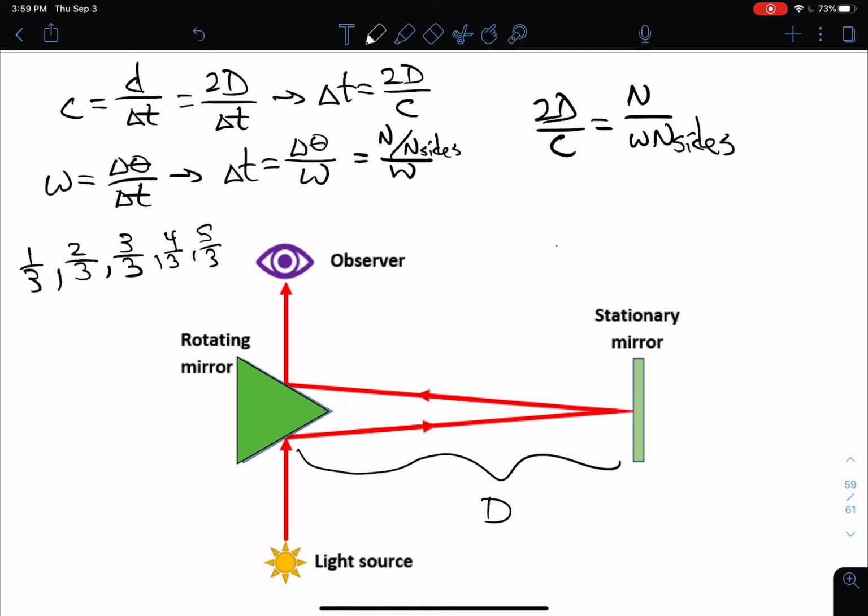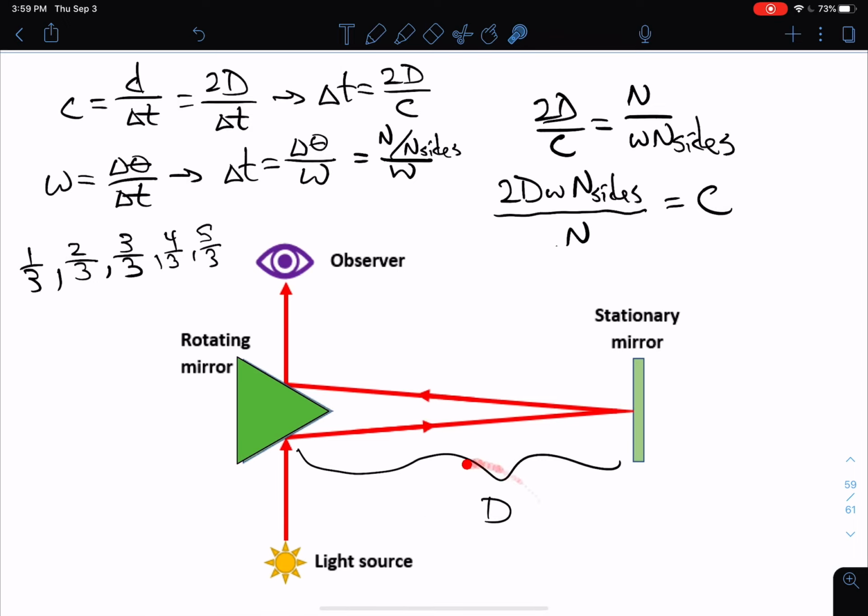Of course, at this point, I can solve for whatever I want to. The things that you would usually solve for would be omega or c if you're trying to determine the speed of light. If I was solving for c, then it becomes 2d omega n_sides over n equals c.